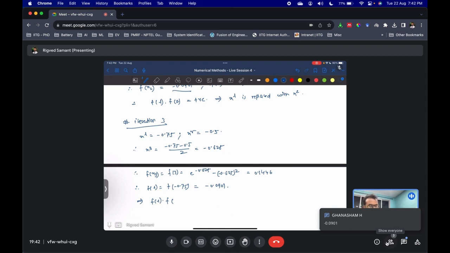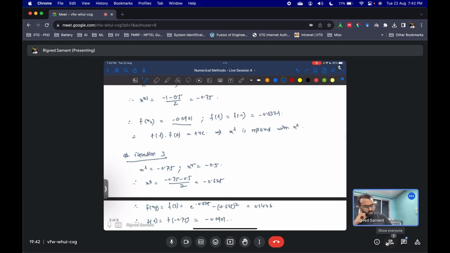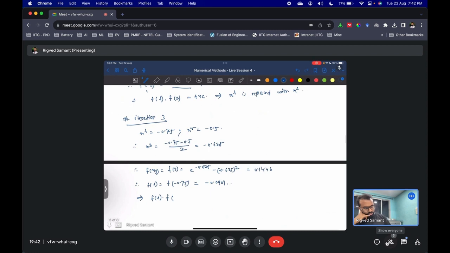We have already calculated it in the previous iteration, right? Here this will not change. So this f3 is negative, and negative into positive would be negative. Negative means we'll have to change the XR with X3 in the next iteration.